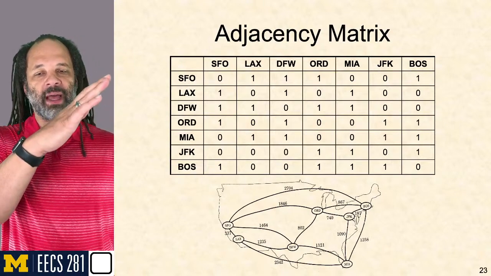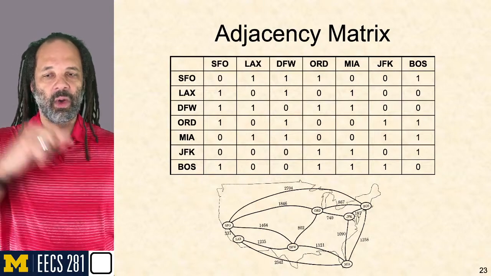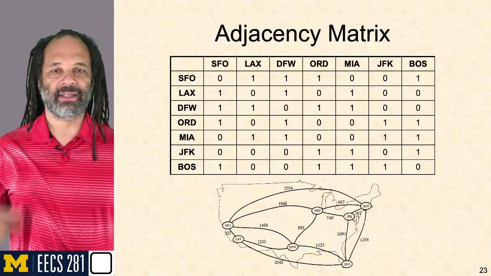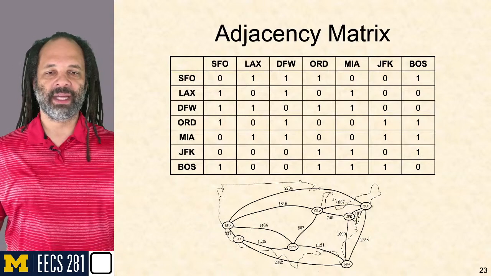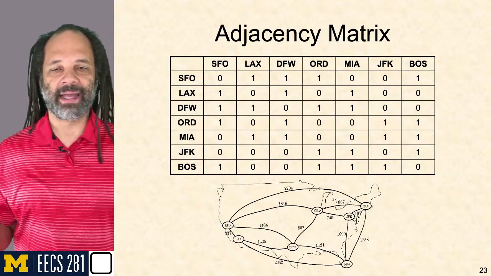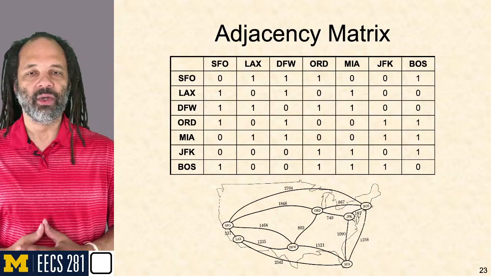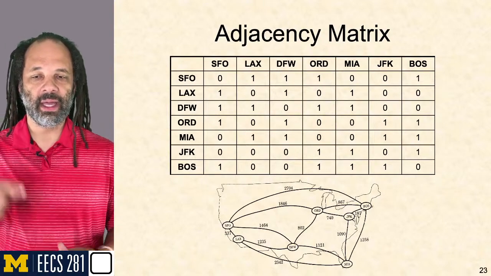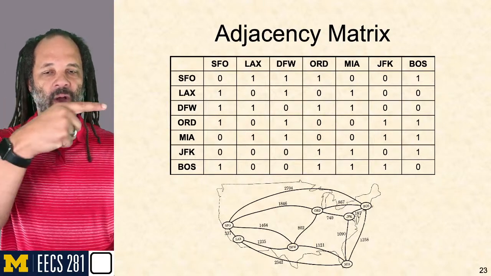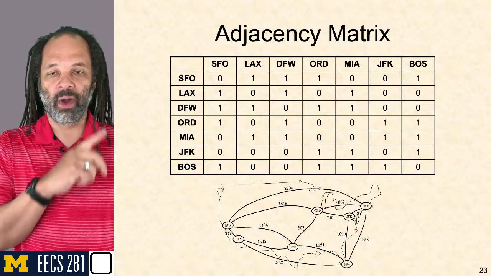We see each one of my locations has its own row, and each one of these locations has its own column. If I put them together in this 2-dimensional thing, I can see what's adjacent to what by looking from a row and then traveling over to a particular column. So I don't worry about self-loops.